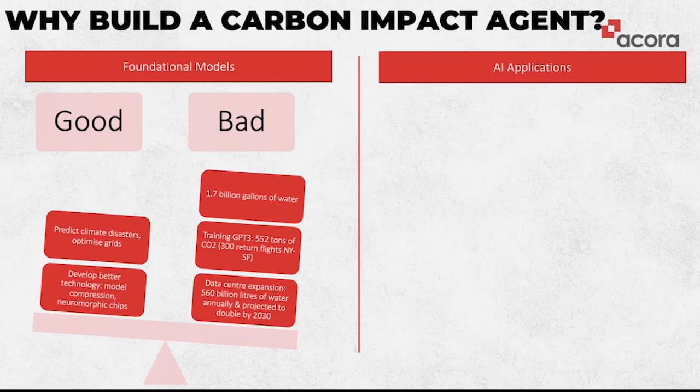But overall, data centers are expanding, and the amount of CO2 emitted and water usage associated with that is quite dramatic, and that's only going to increase. Whilst that's very well documented, there are a lot of remediation efforts. A lot of data centers are based on renewable energy, we're using much more intelligent designs in terms of optimizing grids, and we can also do other things like predict climate disasters off the back of it.